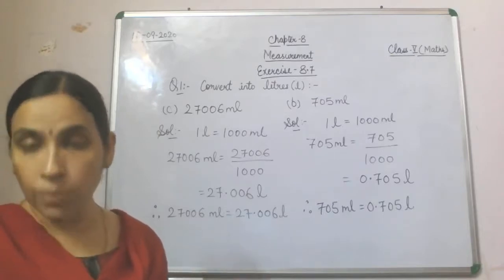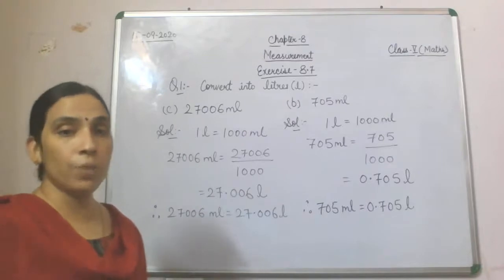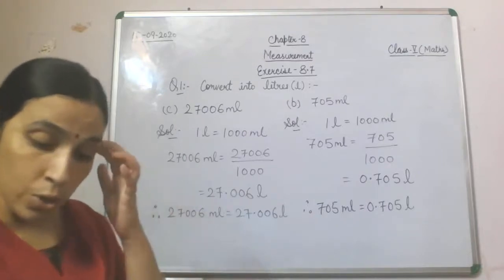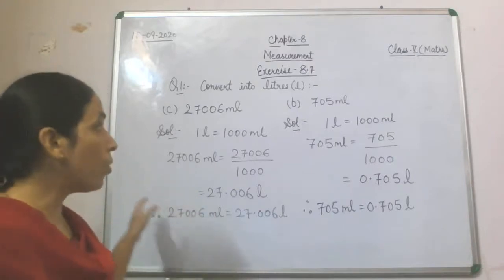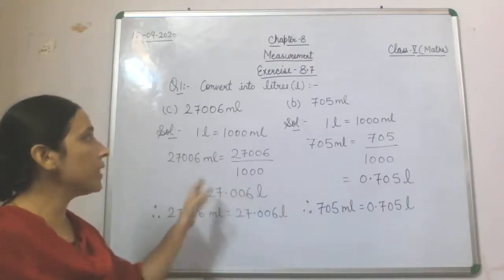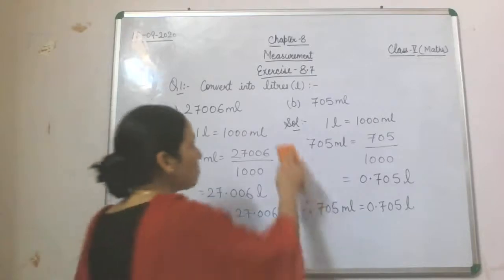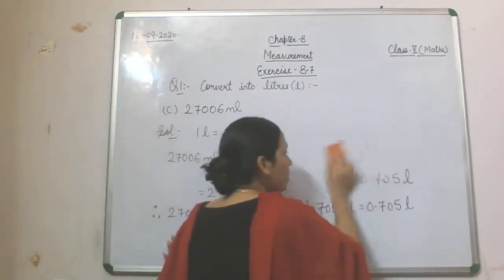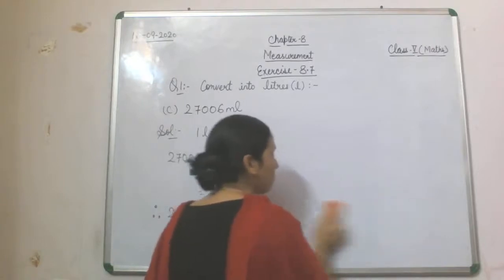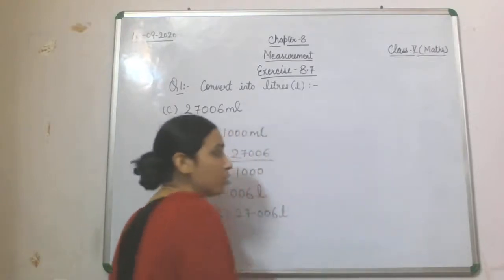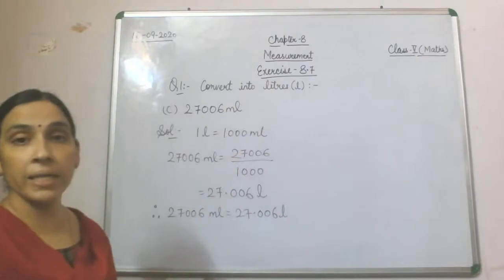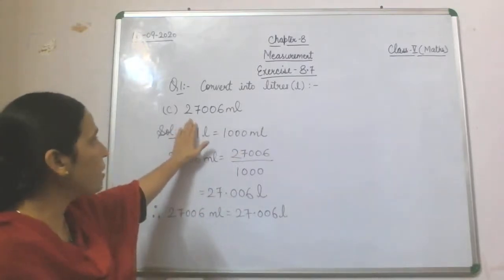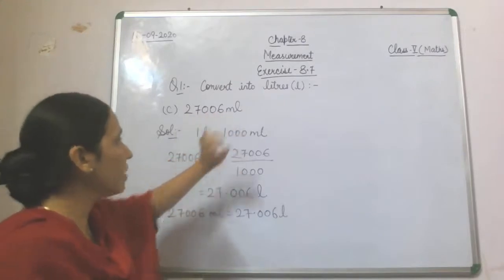Now D part of this question 1 is a little bit different from the rest of the questions. So right now I am going to erase both of these questions, B and C. In fact, in B also the question is given in milliliter and you are supposed to change it into liter by dividing it by 1000. In this question also you have been given 27,006 milliliter.